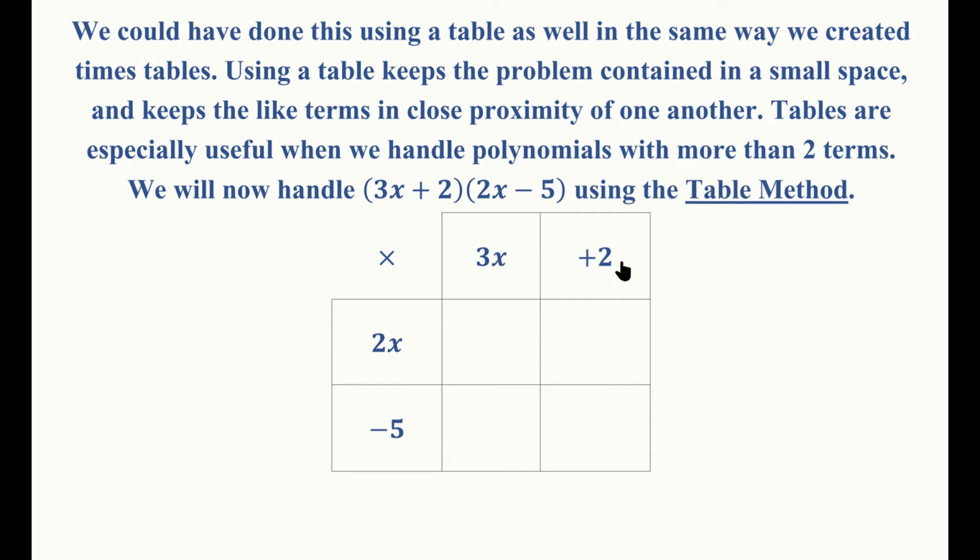So we could have put 2x minus 5 here and 3x plus 2 here. Why? Because if you recall, a times b is equal to b times a. That's called the commutative property of multiplication, or multiplicative commutativity.